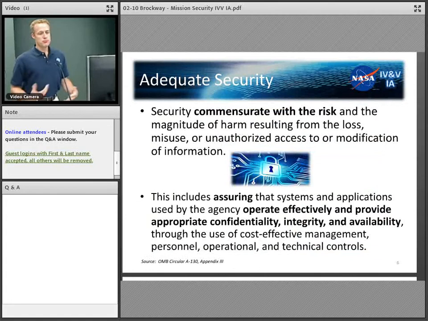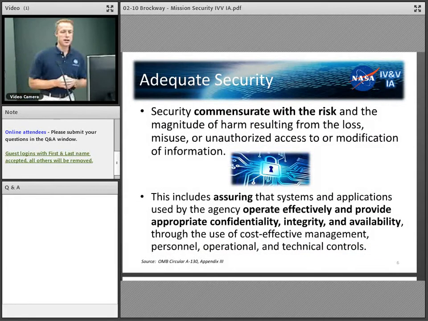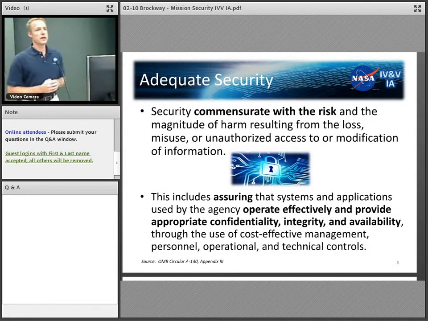So programs and missions, hey, we're secure, got cost and schedule demands, and so it's interesting when you talk about adequate security. To some, this can sound very subjective, but it has to be commensurate with the risk, with the magnitude of harm resulting from the loss, misuse, or unauthorized access to the asset.